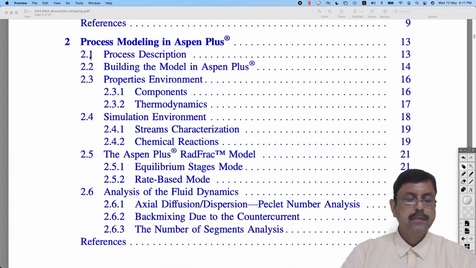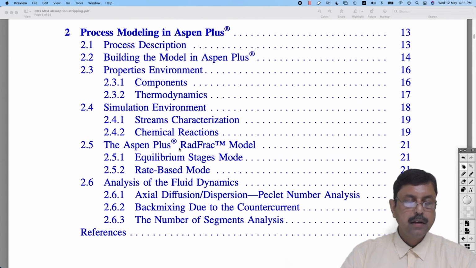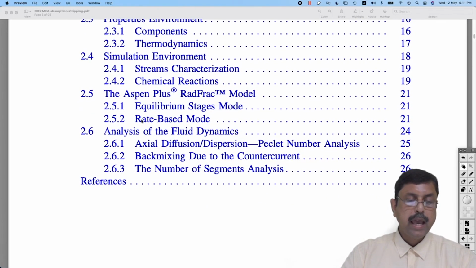Our actual study begins in the second chapter where process description is given, how to set the property environment, the simulation environment. In Aspen Plus, we will use RadFrac column for absorption and stripping as well. And it will be run in rate-based mode.